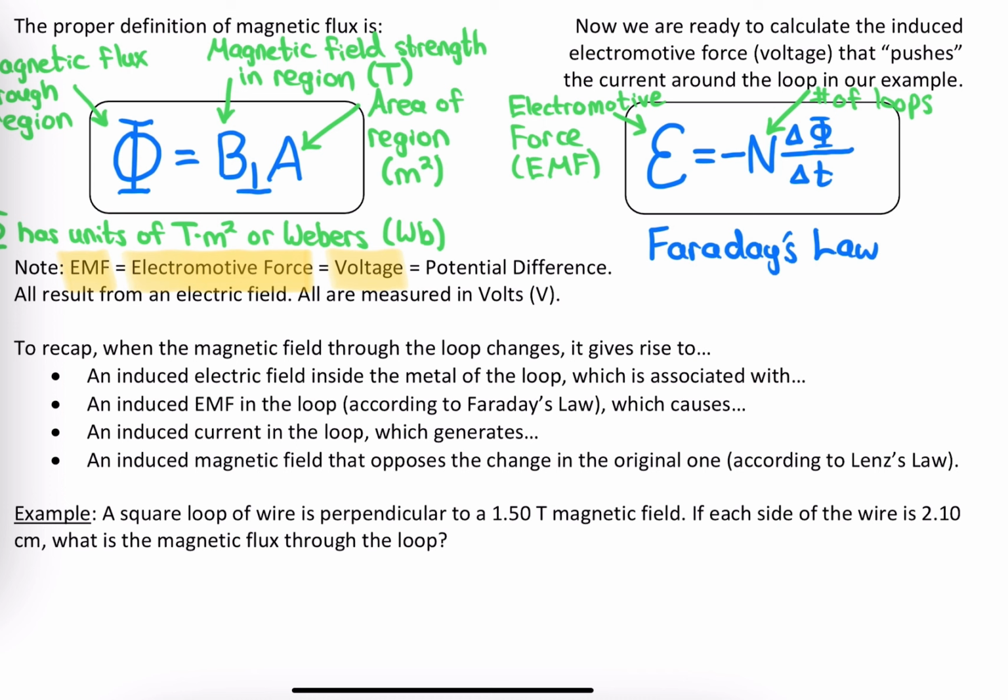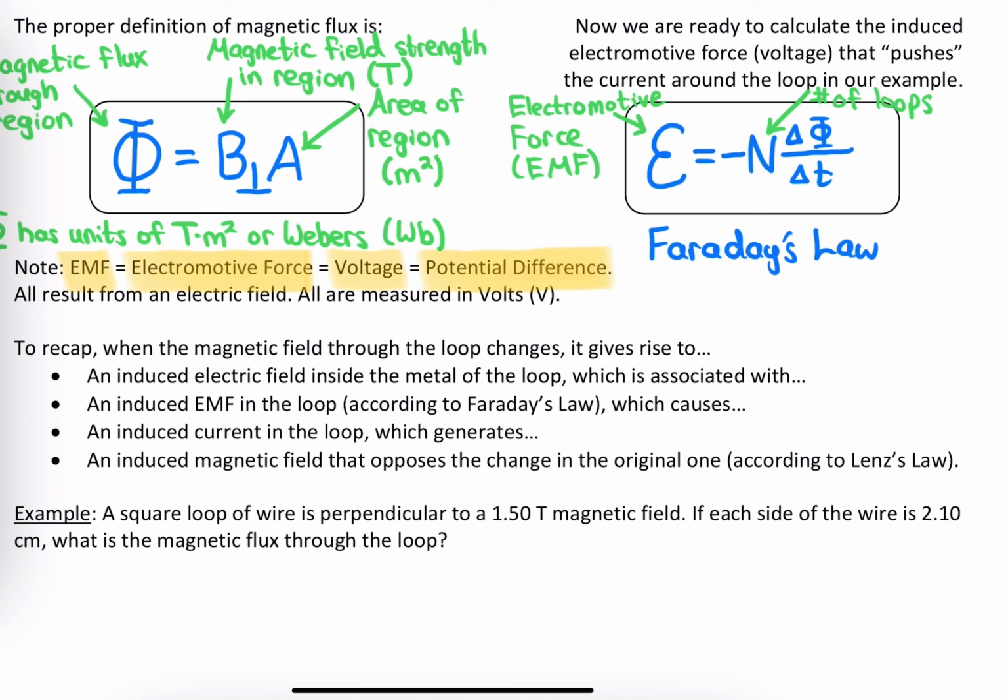And people often thought of the voltage as pushing on charges. It was basically a force measured in newtons. It turns out voltage isn't measured in newtons, so it's a little incorrect to call it an electromotive force, but it's one of these terms that we just keep around and are used to using. And voltage, remember, from our last unit, is the same as the potential difference. So you'll see all four of these terms used: EMF, electromotive force, voltage, potential difference. All of them mean exactly the same thing.